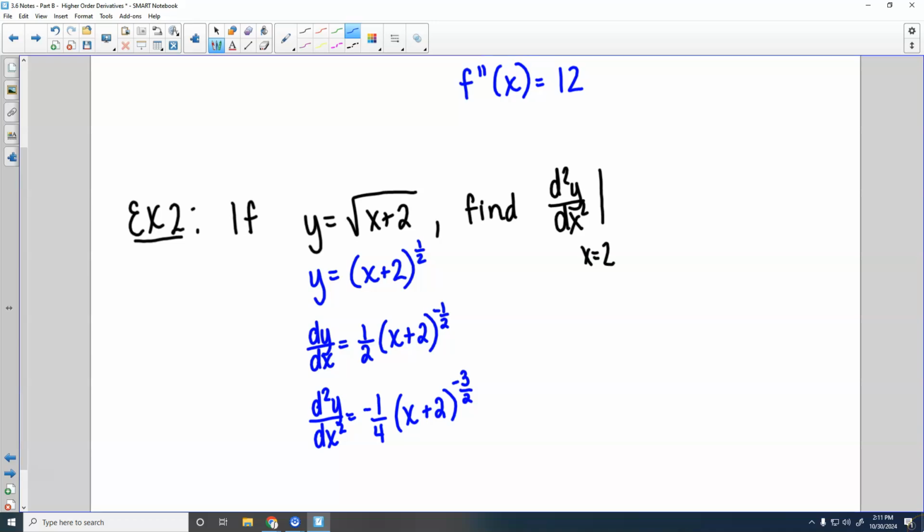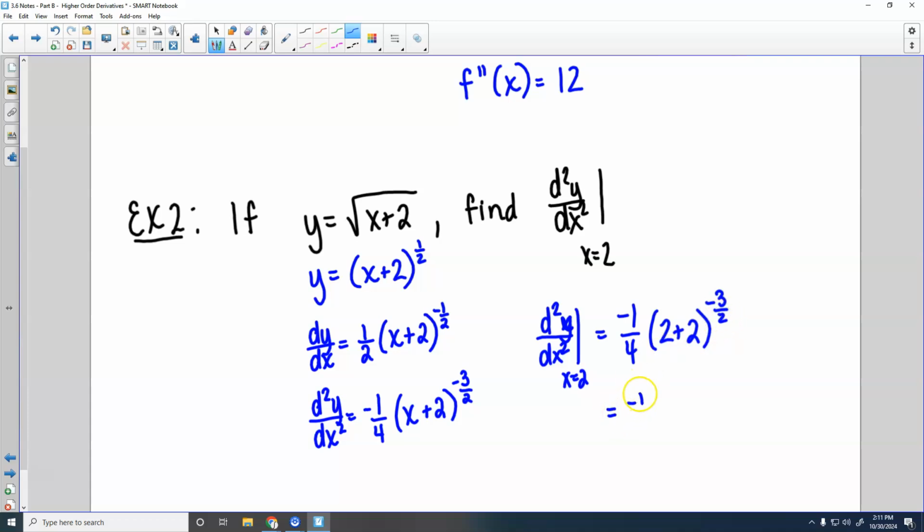Okay, so once we have this, we want to plug in x equals 2. The second derivative such that x equals 2 is going to give me negative 1/4 times 2 plus 2 to the negative 3/2.